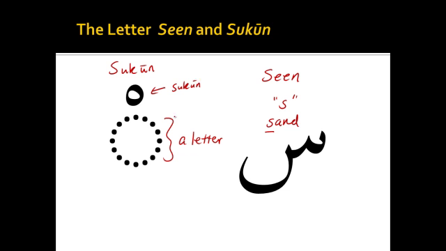It's a small little circle that we write on top of the letter. And this is actually what we could call a pause on a particular letter. And we'll see how that works in the coming slides.